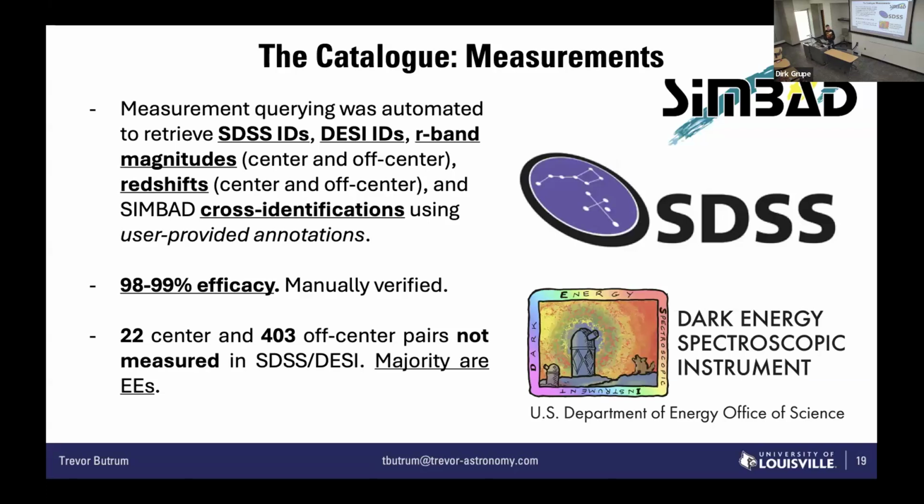It was about 98 to 99% effective. Some pairs were misidentified, so they took the redshift from the other galaxy in the pair, but I fixed those manually. About 22 of these pairs had center galaxies without redshift measurements, and about 403 off-center galaxies did not have redshift measurements in SDSS or DESI. The majority of these are ellipticals, because those are hard to get redshift measurements for in the fibers.